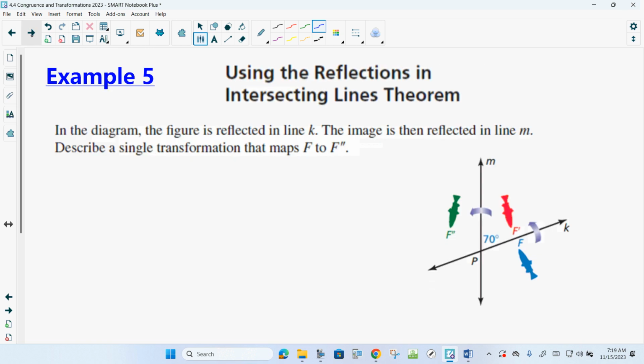So looking at this picture, I have a fish that I've reflected across K and then reflected across M. If this angle measure is 70, what is the angle measure from F to F double prime? The angle measure would be 140 degrees. It would be double the angle measure between the two reflecting lines.